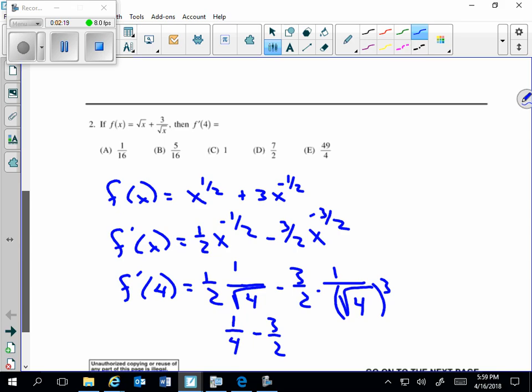Like we just said, the square root of 4 is 2, and 2 cubed is 8, so this becomes 1/8. And so I get 1/4 minus 3/16. 1/4 is 4/16, and 4/16 minus 3/16 is equal to 1/16. Letter A.